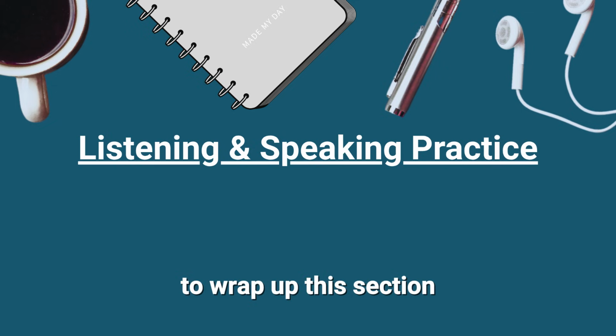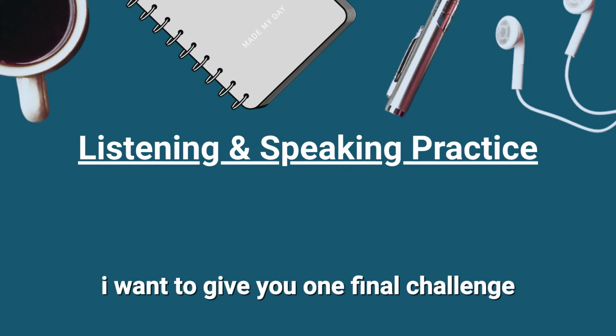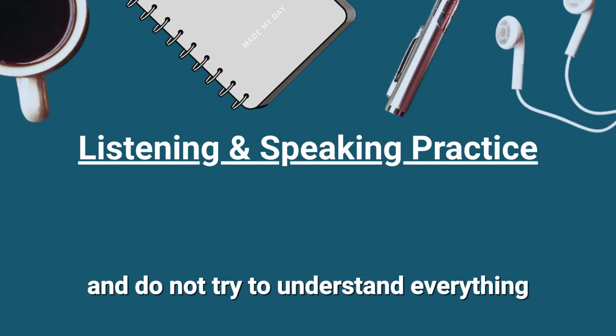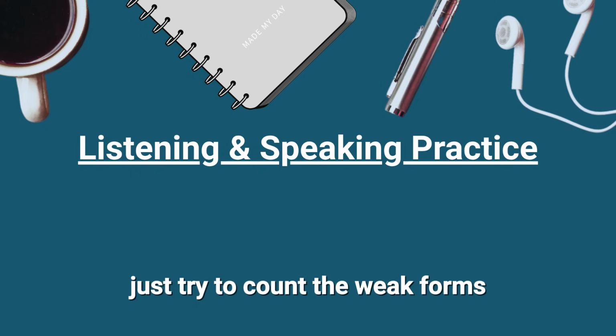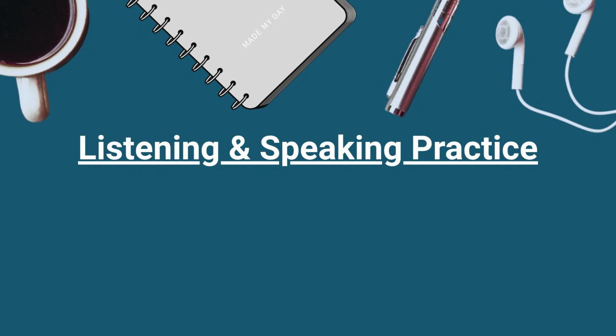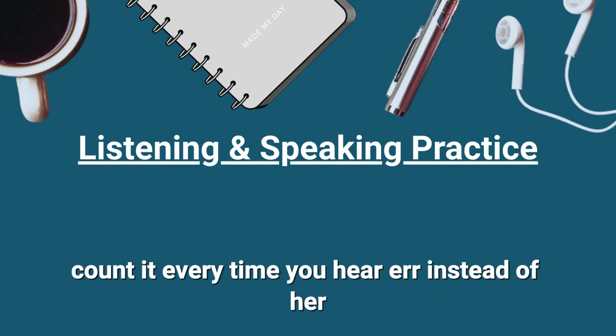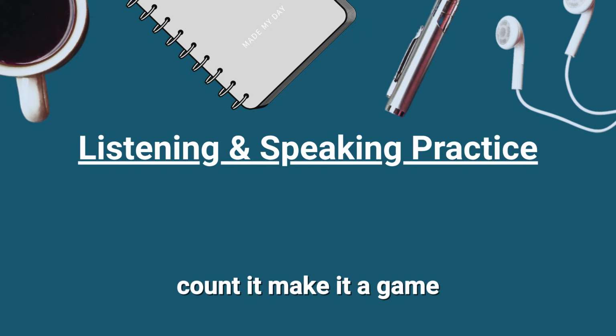To wrap up this section, I want to give you one final challenge. Go out into the real world, or turn on a movie, and do not try to understand everything. Just try to count the weak forms. Every time you hear "tu" instead of "to," count it. Every time you hear "er" instead of "her," count it. Make it a game.